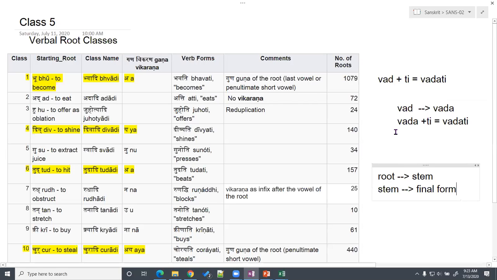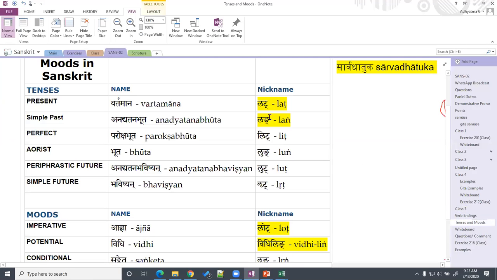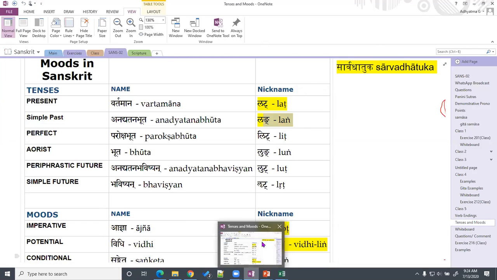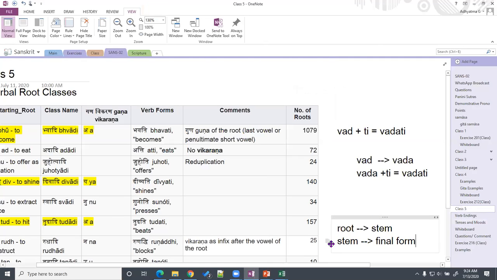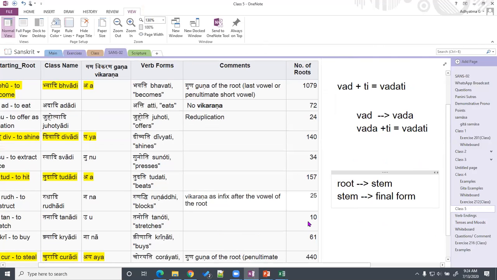The sarvadhatuka lakaras, I told you those 4 lakaras, are called sarvadhatuka. That's why they are categorized separately, because they go through this 2-step process. In order to generate the forms for these 4 lakaras, they go through this 2-step process. Root changes into stem, and stem changes into final form. That's why these 4 lakaras are categorized separately.